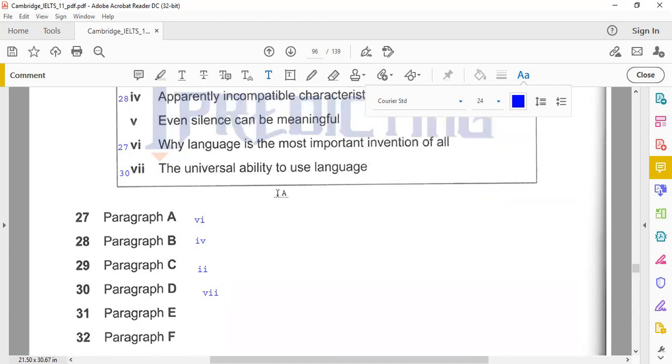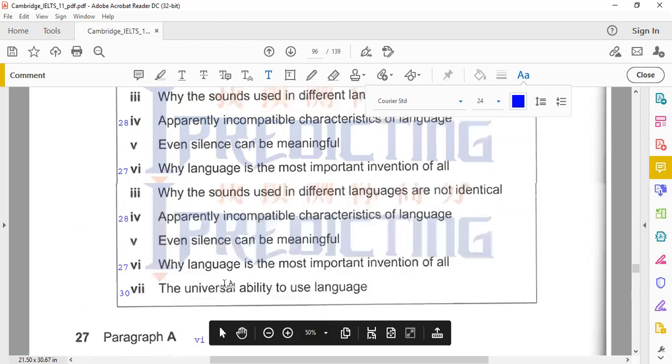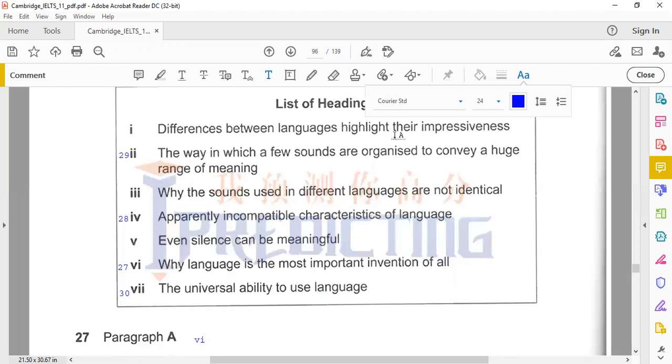The universal ability to use language. Then read paragraph E and then come on. Here we have used these options, and differences between languages highlight their differences. So this was relating to question 31, paragraph E.